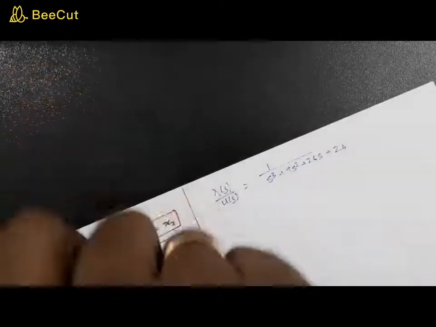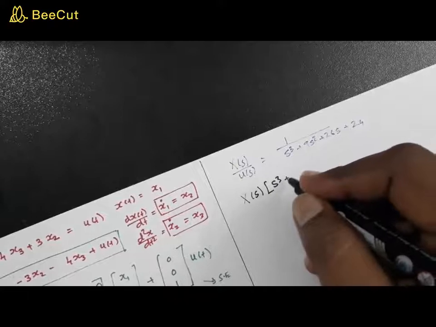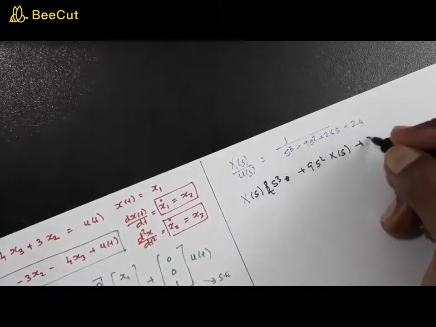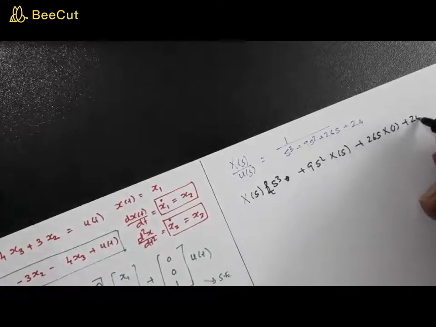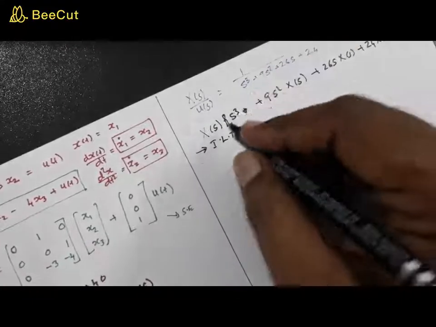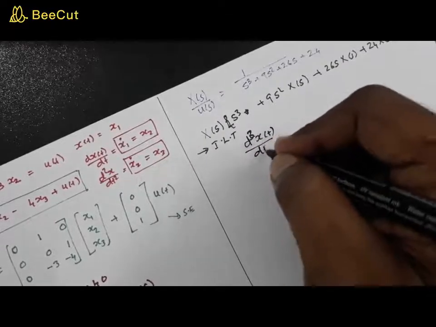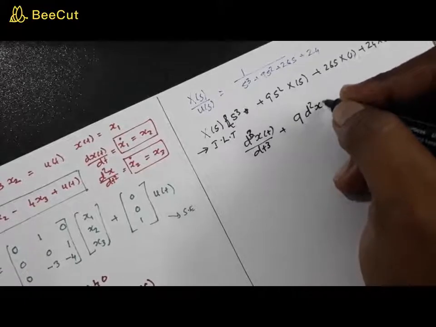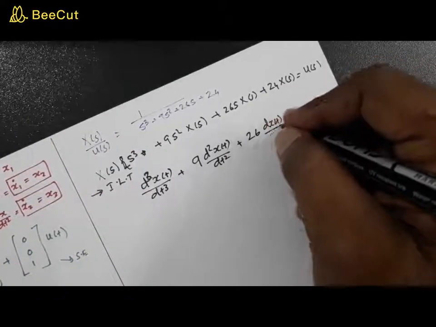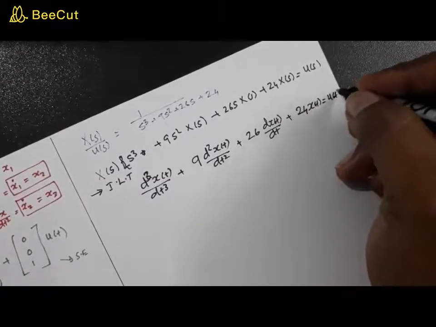So you will get X(s) into s cube plus 9s square into X(s) plus 26s into X(s) plus 24 into X(s) is equal to U(s). Now taking the inverse Laplace transform, you will get d cube x(t) by dt cube plus 9 into d square x(t) by dt square plus 26 into dx(t) by dt plus 24 into x(t) is equal to u(t).